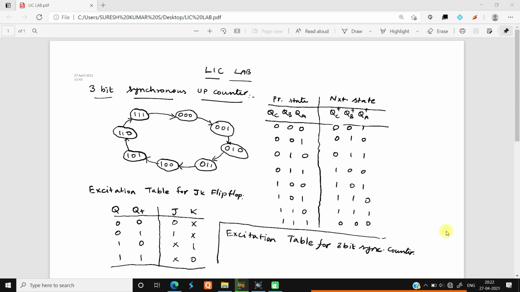They can be connected directly or through logic circuits, that is, combinational circuits. We are going to design a 3-bit synchronous up counter in this session.